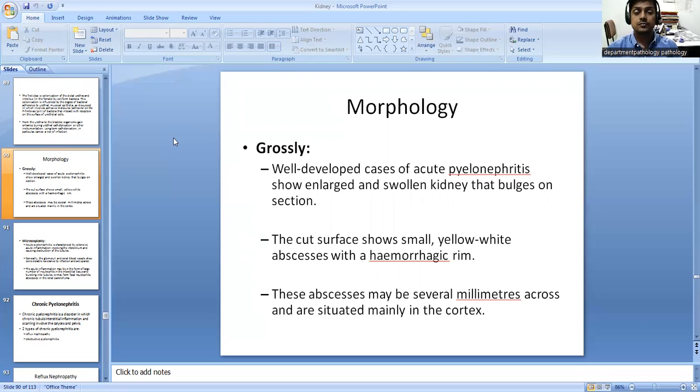The cut surface shows small yellow-white abscesses with a hemorrhagic rim. These abscesses range from several millimeters across and are situated in the cortex.